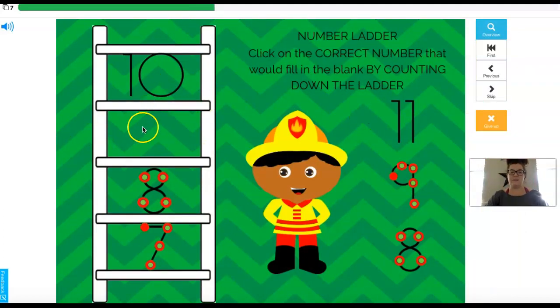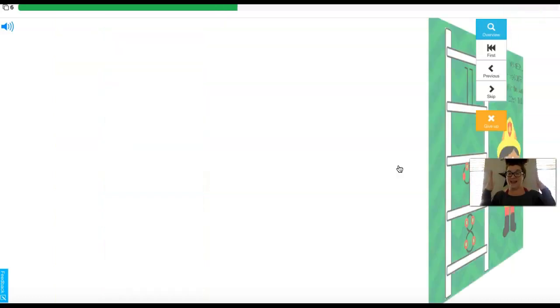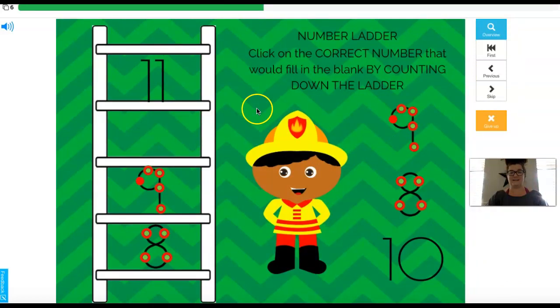What goes in the space when I count going down the ladder? 10, blank, 8, 7. Well, if I'm going 1 less than 10, 10, 9. Yay! What goes in the blank space when I'm counting down the ladder? 11, blank, 9, 8.